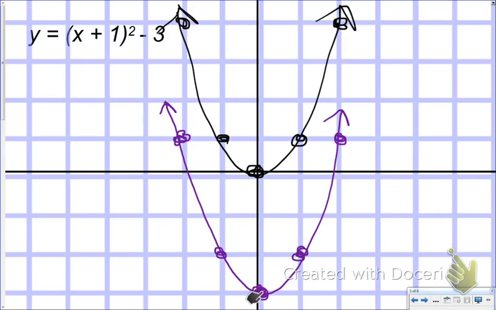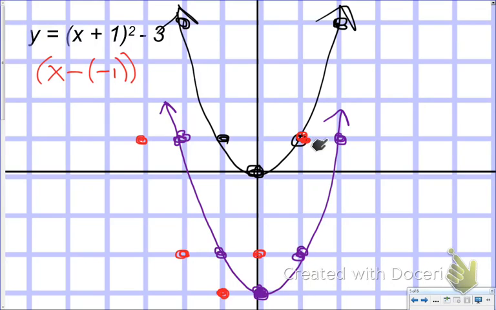This is my final picture. I'm going to take this point and move it 1 unit to the left in the negative direction. Who can tell me why I'm moving it in the negative direction again? Because it's the opposite. Good. If I look at this, it's x minus a negative 1, which means it's moving in the negative direction 1. So I move all of these points in the negative direction 1 unit.